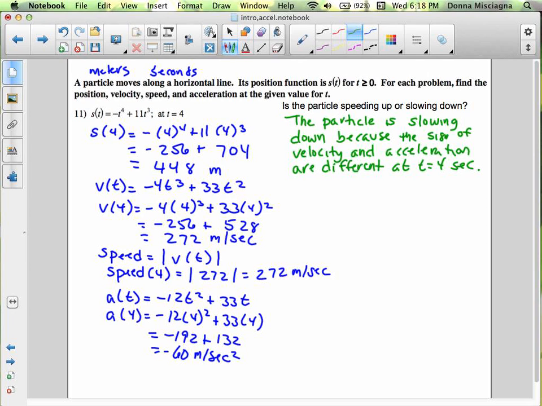If you've got a positive velocity and a negative acceleration, it's going to be slowing down.